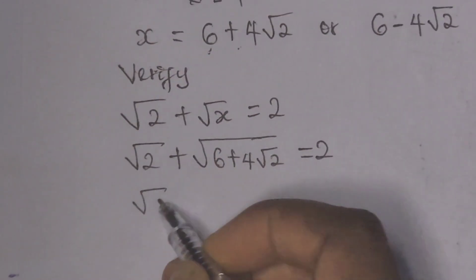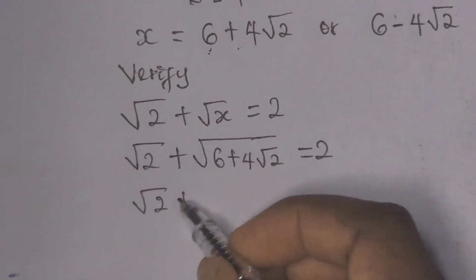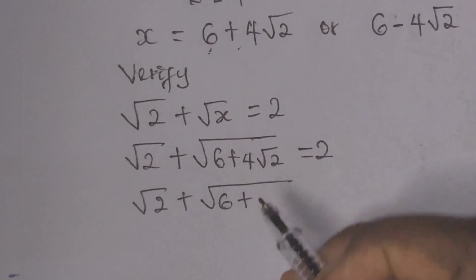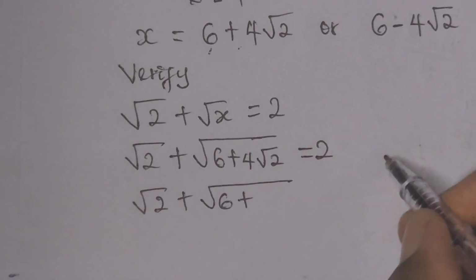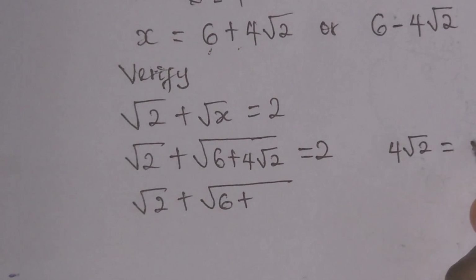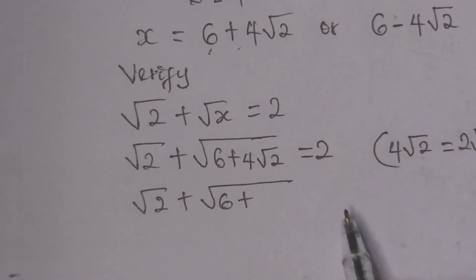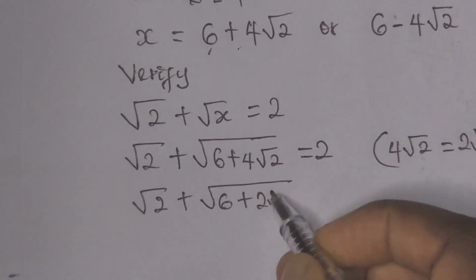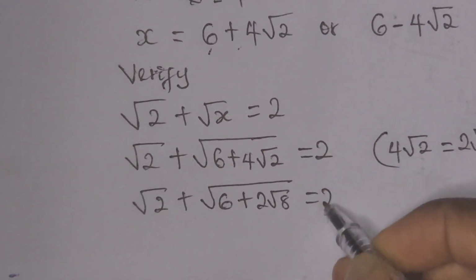So we have root 2 plus root of 6 plus 4 root 2, which is 2 root 8. So it simply means that here will become 2 root 8, all equal to 2.